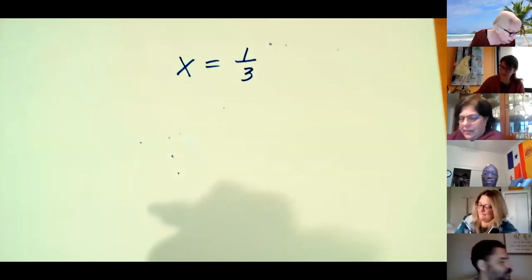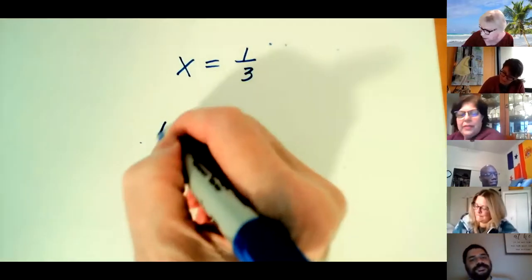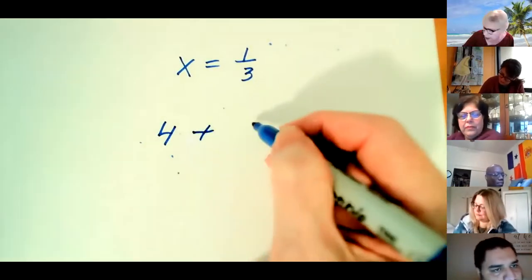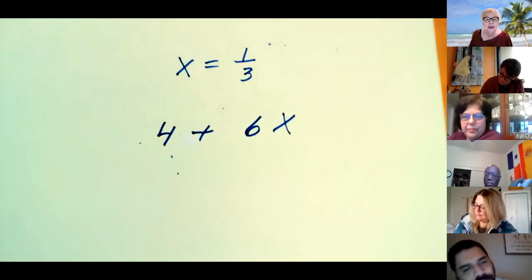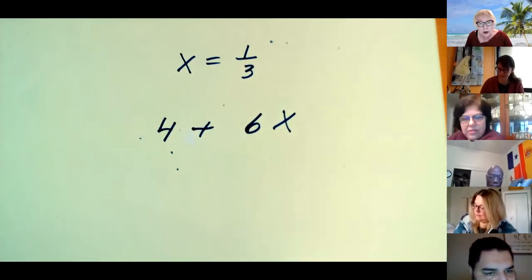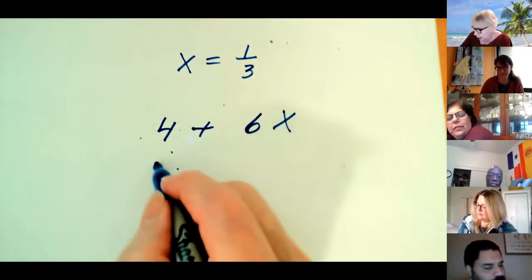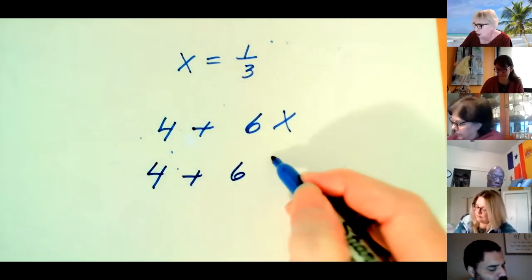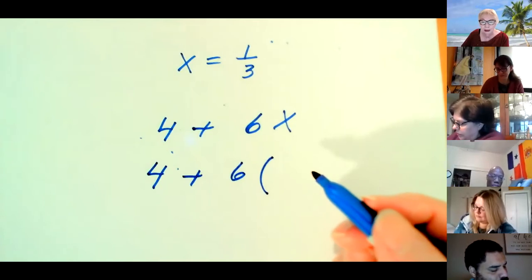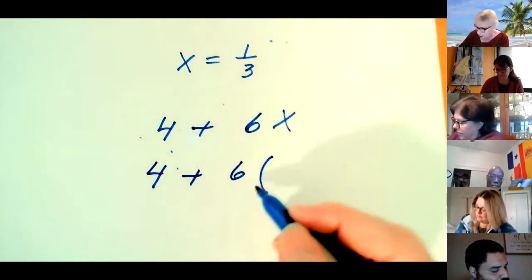So they have a stupid one where they plug in 1/3, find the value. So let's just do that just in case. So this is identical. And so this is the value they want to put in for this problem. So it's 4 + 6 parentheses. I love parentheses. This is 1/3.